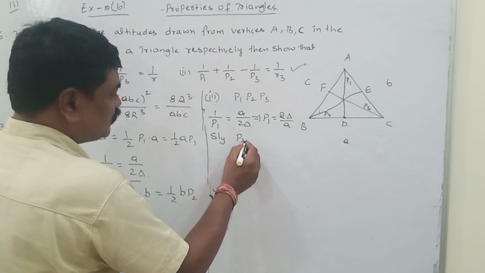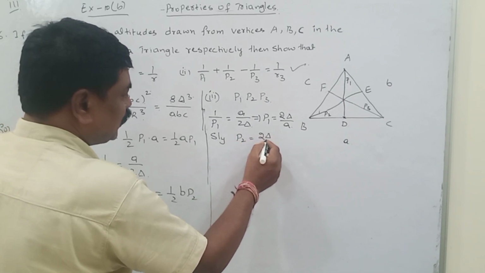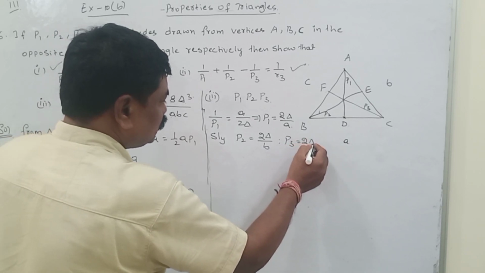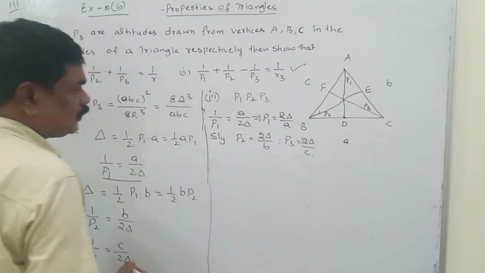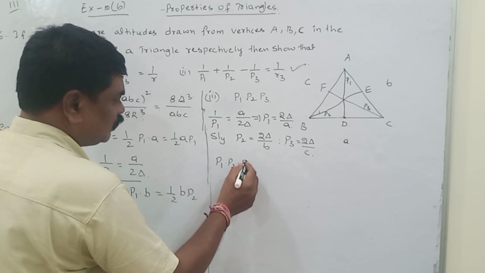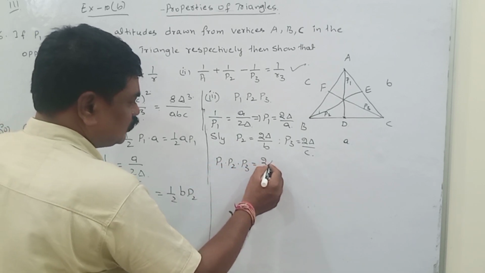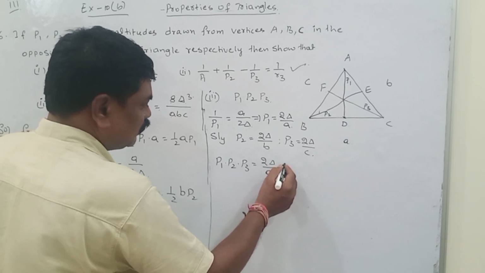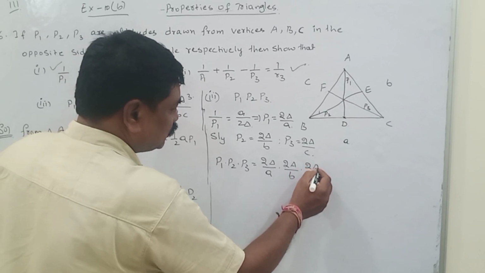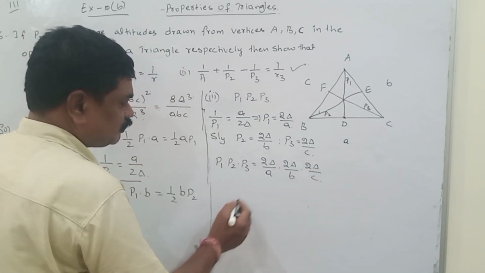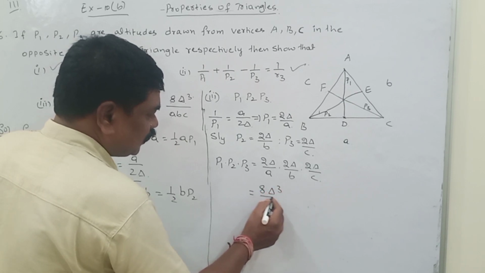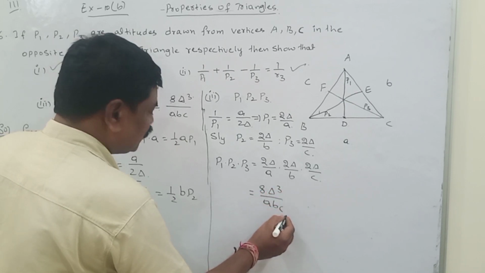Similarly, P2 is equal to 2 delta by B, and P3 is equal to 2 delta by C. So P1 P2 P3 is equal to 2 delta by A into 2 delta by B into 2 delta by C, which is equal to 8 into delta cube by ABC.